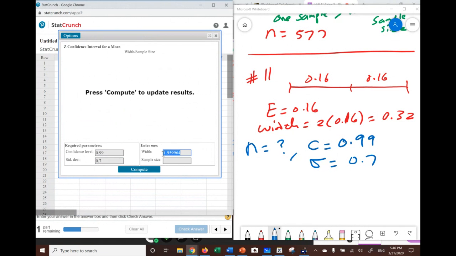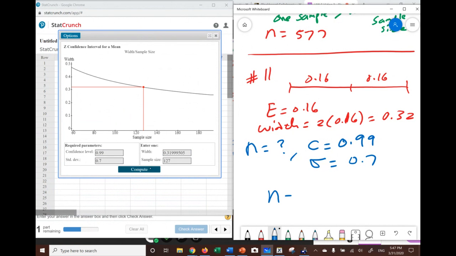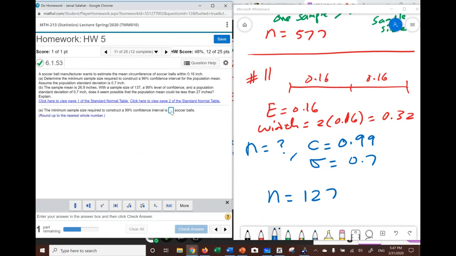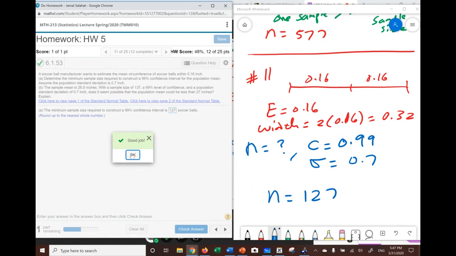And they want the width to be, remember, not the error, the width. The width is twice the error, which is 0.32. Now, when you do the math, it's going to give you n equal to 127. In other words, you need to survey 127 soccer balls. So 127 is needed to be tested or surveyed.